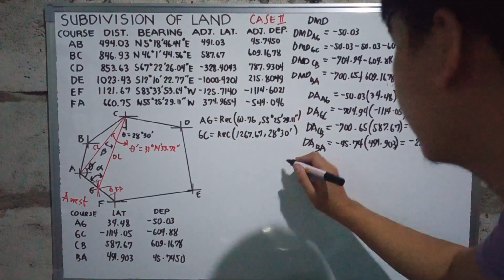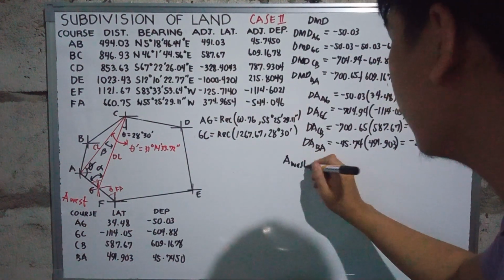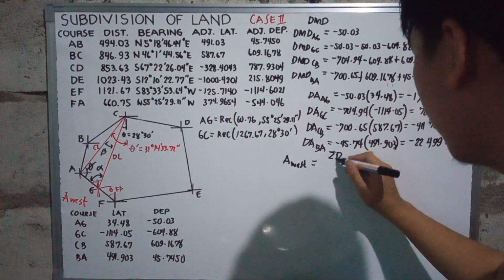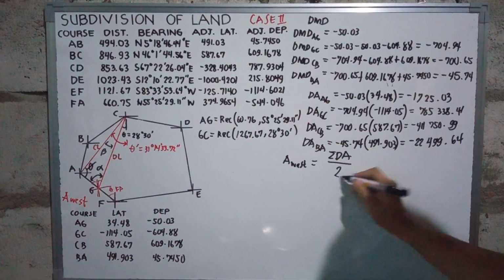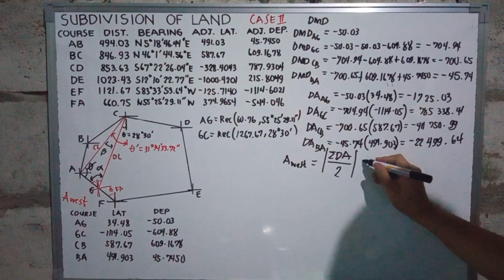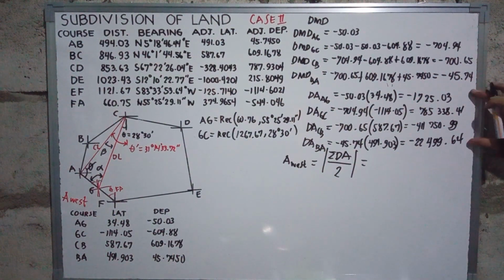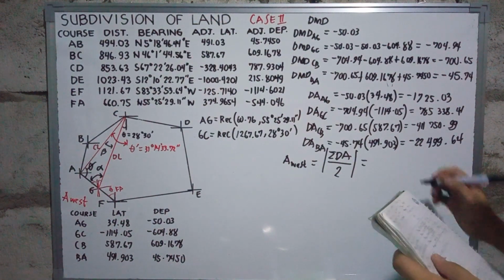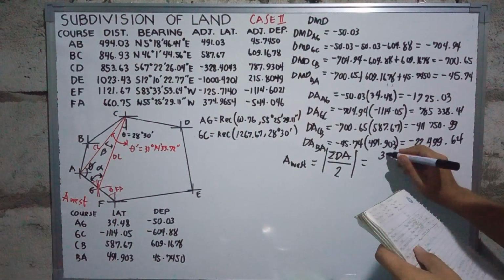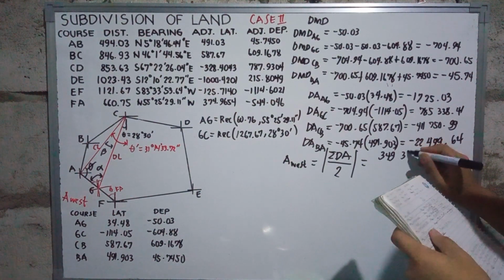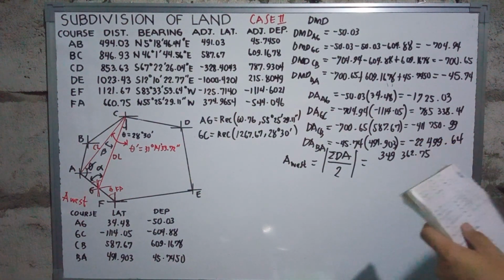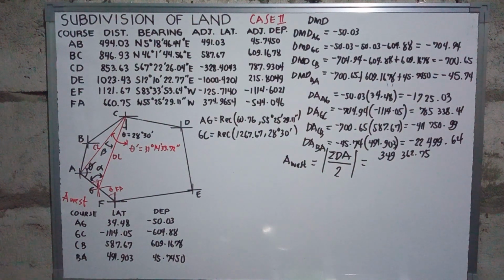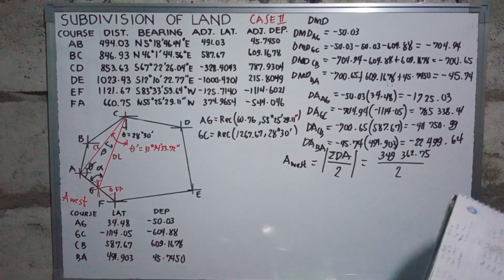So, area west is equal to summation of the double area divided by 2 na naka-absolute value. So, i-summation lang natin from the double area from A to G hanggang B to A. So, yung mangyayari, the answer will become 349,362.75 all over 2.